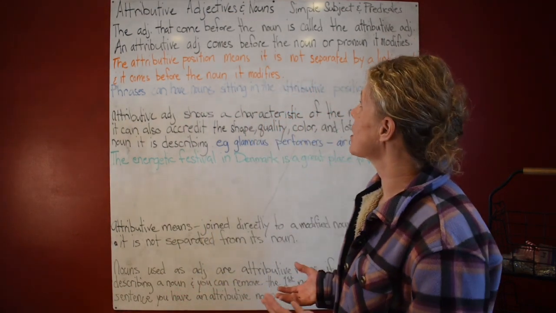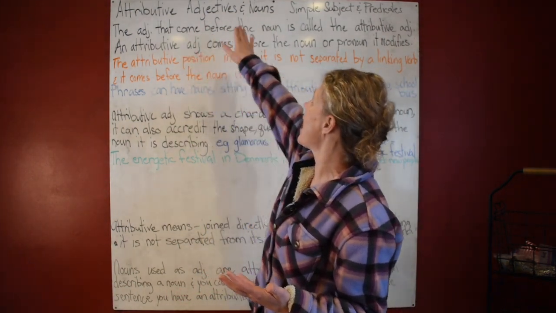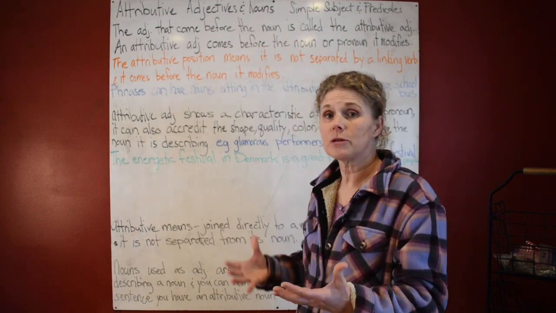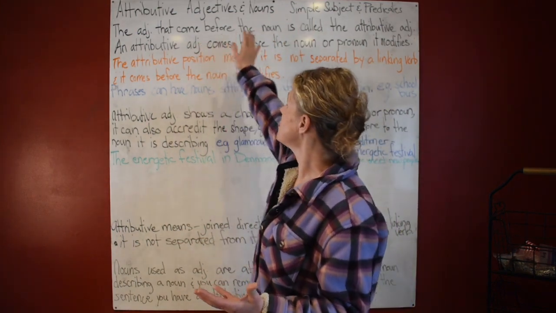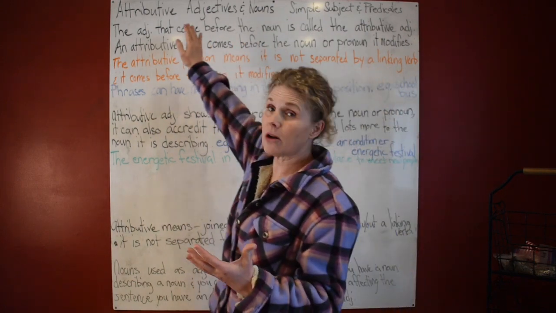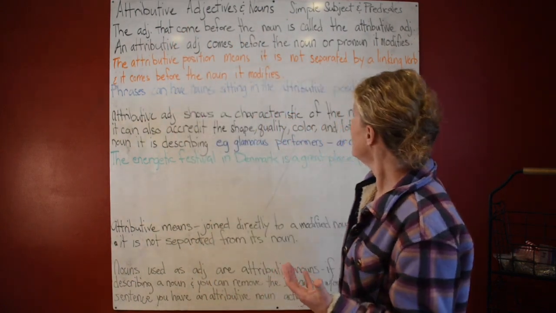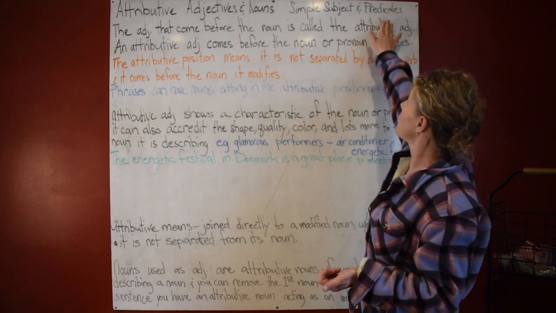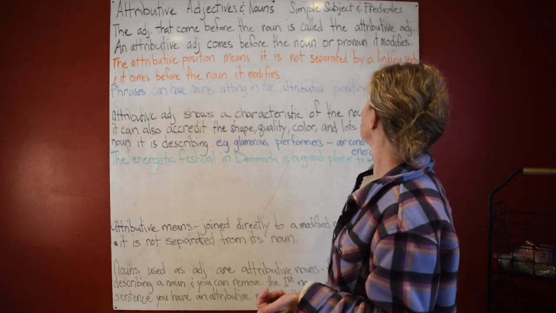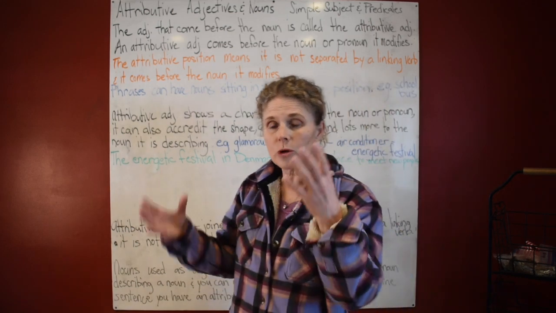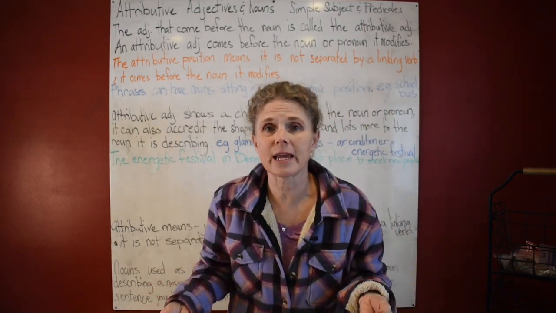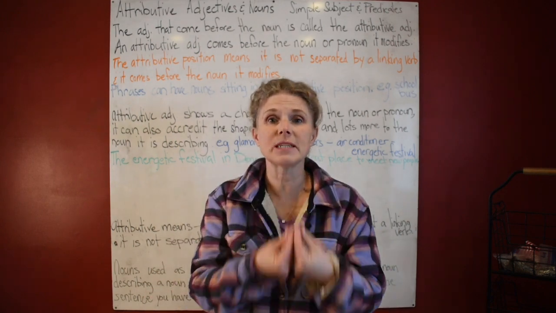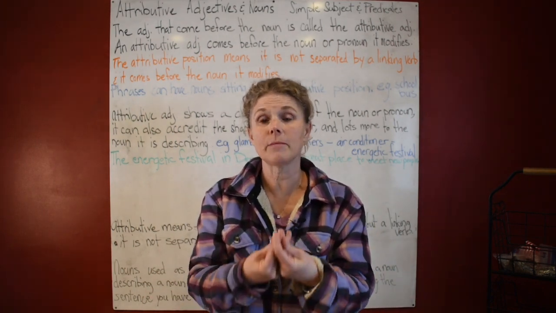So we're going to talk today about attributive adjectives and nouns. We are going to go into the predicative section also, but we're really focusing on attributive. We're also going to talk about the simple subject and the simple predicate a little bit more so that you can really get them down, because they come together and make a team in a sentence.